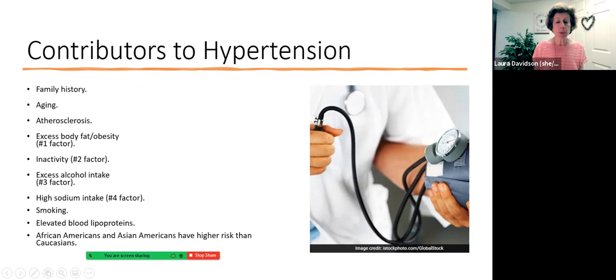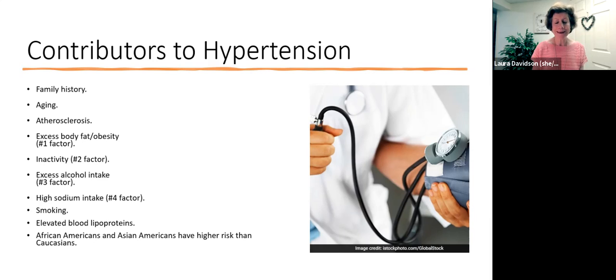And it's also important to understand the significance of the risk factors and the relative significance. Really important. So yes, family history, you can't do anything about that, and that plays a part. Yes, aging, and we're all going to age, right? But look at the number 1 factor there. It's excess body fat and obesity, okay?